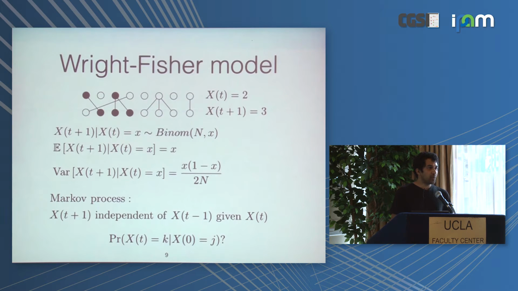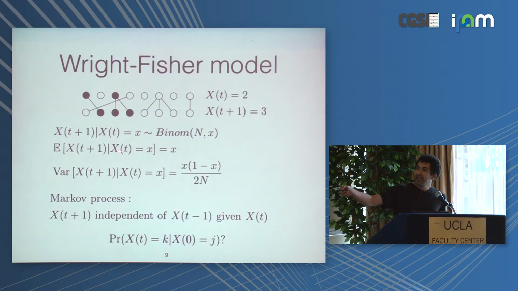So what we'd like to be able to describe is how the number of copies of the black allele changes with time. And in this very simple setting, the number of copies of the black allele, which is x sub t, is going to be binomially distributed with the frequency parameter depending on the frequency in the previous generation. So that's easy to see.